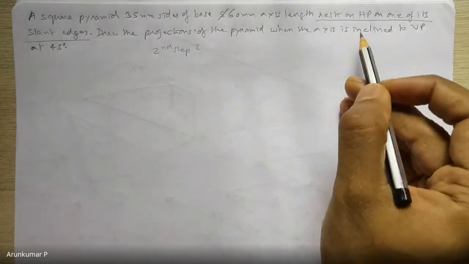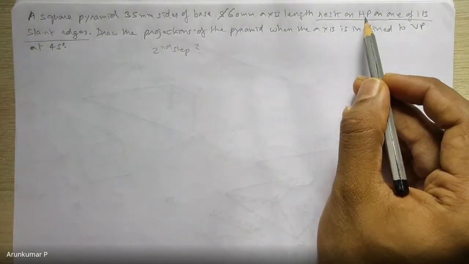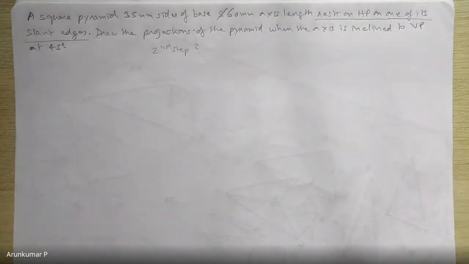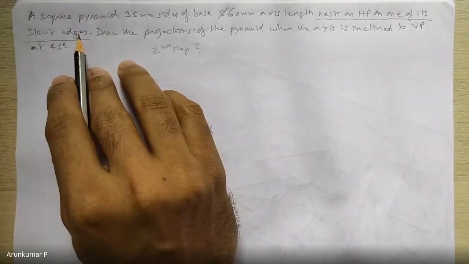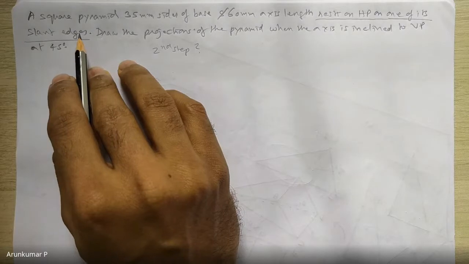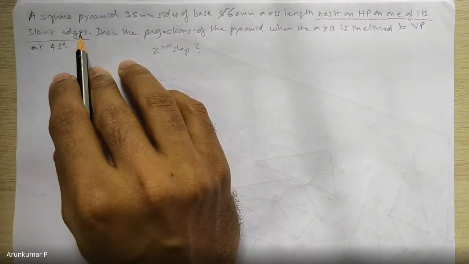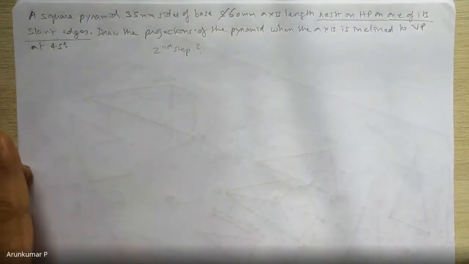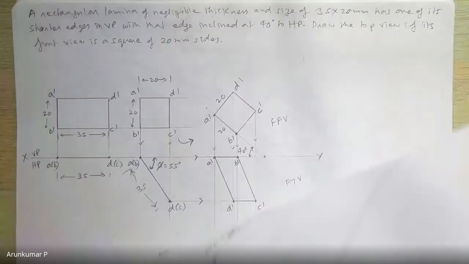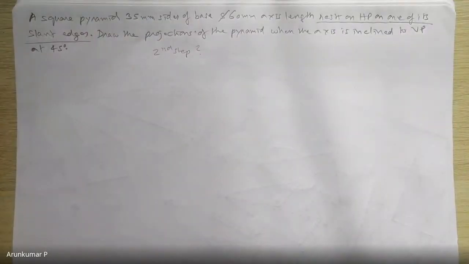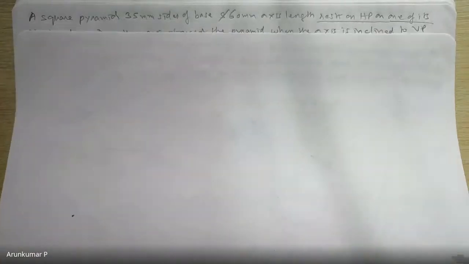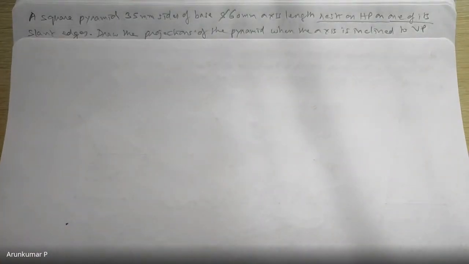So this is your second step basically. It is resting on HP on one of its slant edges. And this is going to decide whether it is going to be resting on an edge or resting on a corner. So I'll just draw the 3D view and show you how it is going to look.